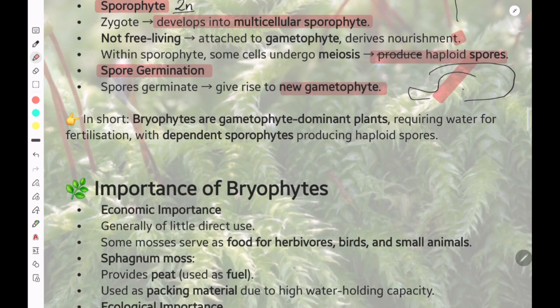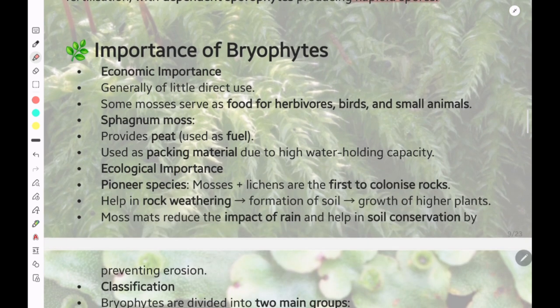In short, bryophytes are gametophyte-dominant plants that require water for fertilization, with a dependent sporophyte producing haploid spores. What kind of spores are produced? Haploid.